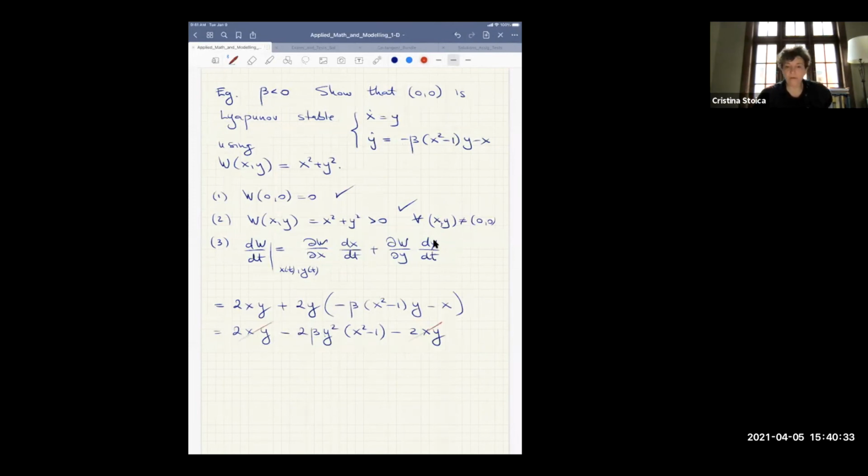These guys are going away. So we end up with dW/dt along a solution is minus 2 beta y squared (x squared minus 1).